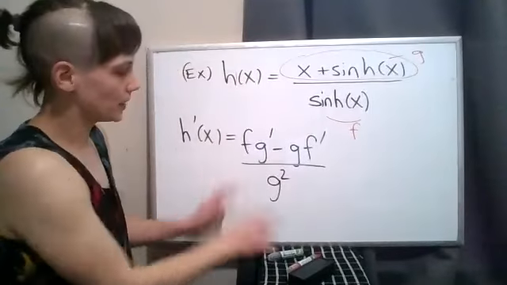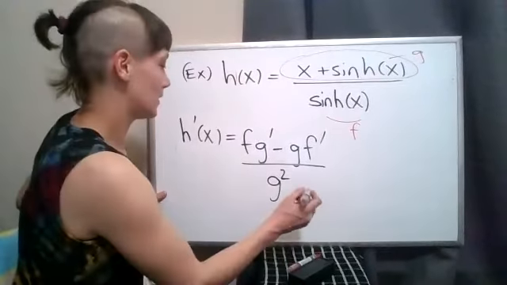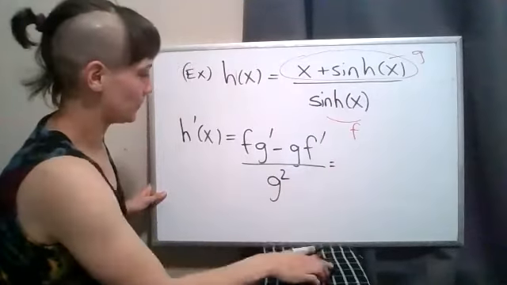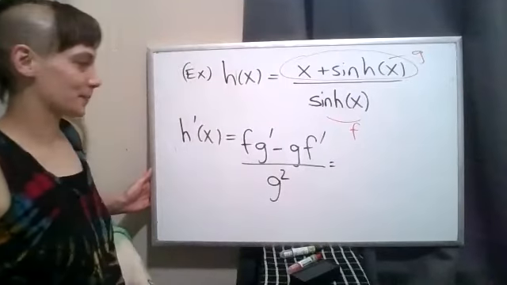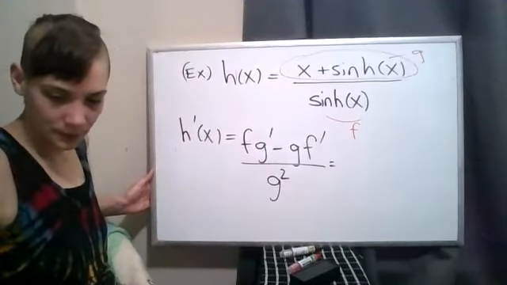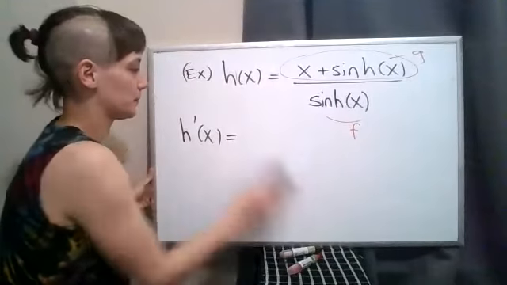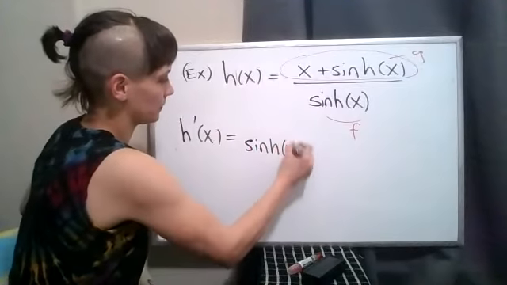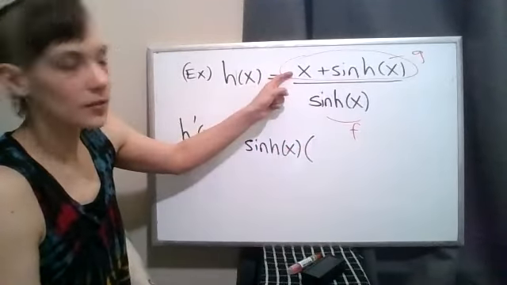Okay, f is x plus sinh of x. This derivative will be 1 plus cosh of x.